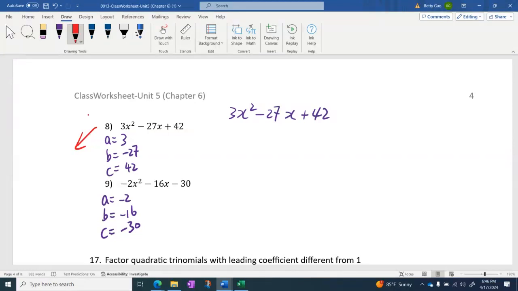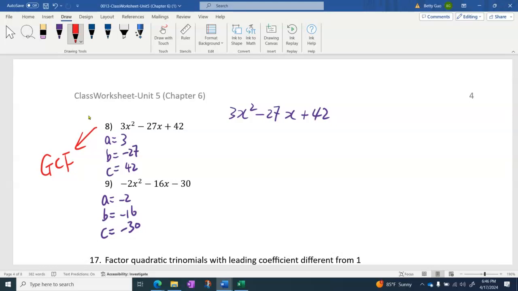How do you get ready? You factor the GCF out. You might remember on Monday we have a rule. It says whenever we need to factor a polynomial, the first thing to do is to observe and identify the GCF of all the terms in the polynomial, and then factor it out.